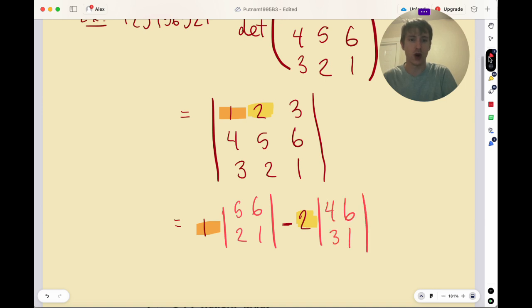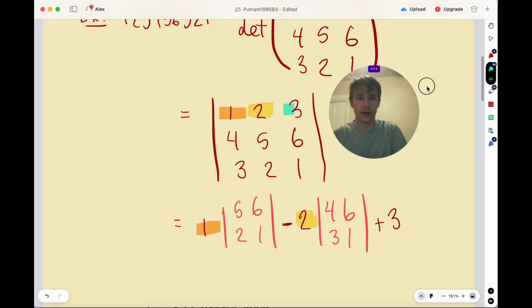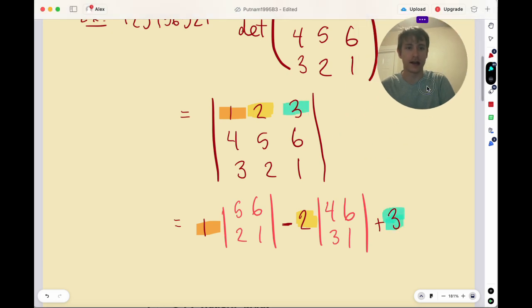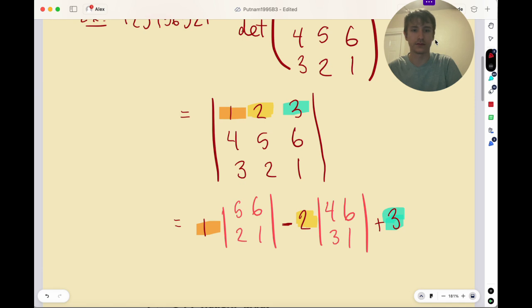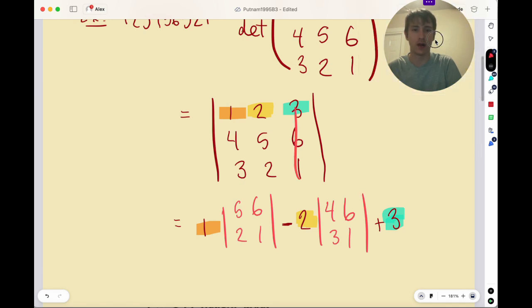Then we alternate signs a final time, and this is going to be plus, and then 3 times the determinant of the 2 by 2 matrix formed by canceling out this column and this row, namely this one. So we have the determinant of 4, 5, 3, and 2.